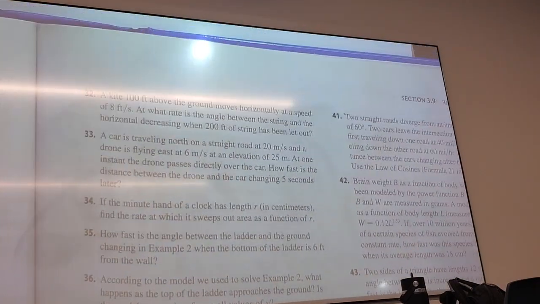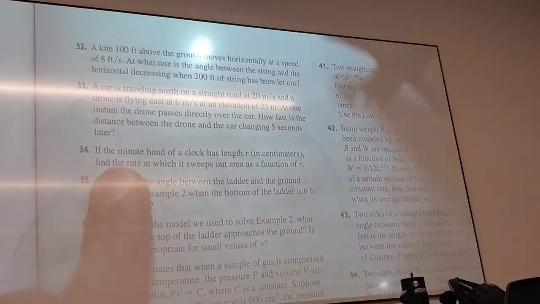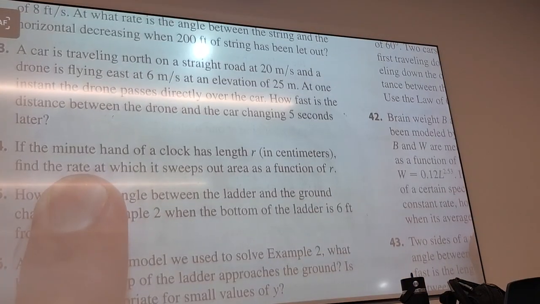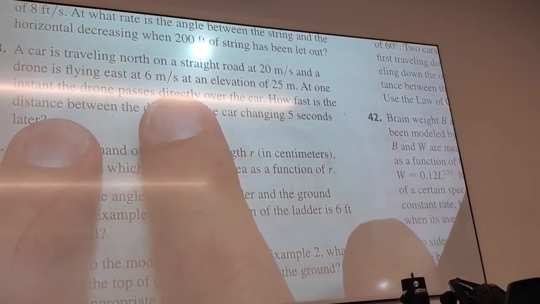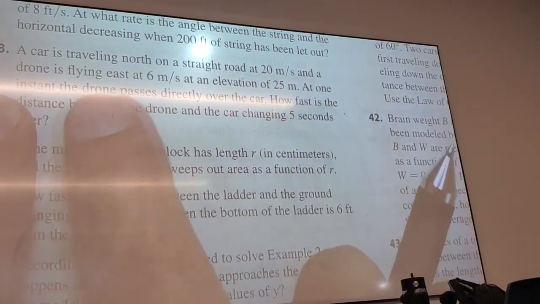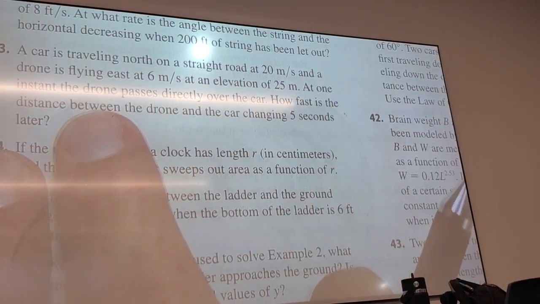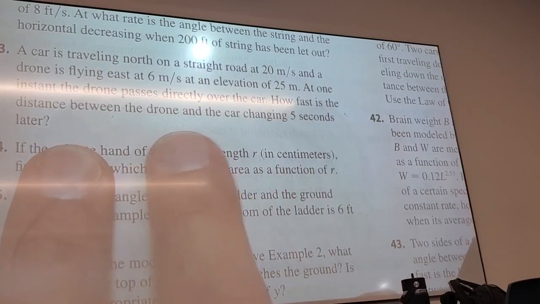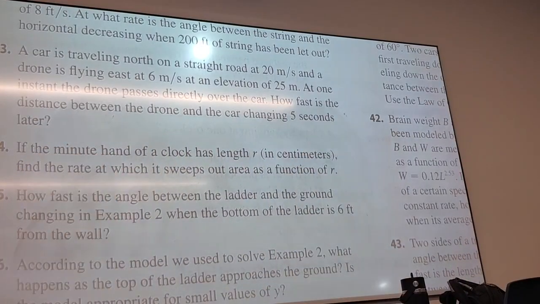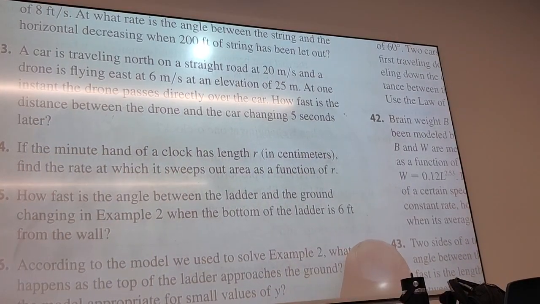Do you have time for 33 on the same? Let's see here. Alright. So the car's traveling north, the drone is flying east. At one instant, the drone passes directly over the car. Okay, sorry.